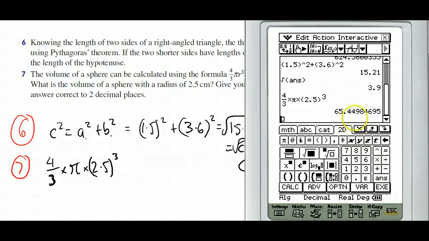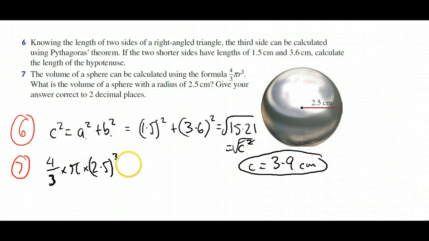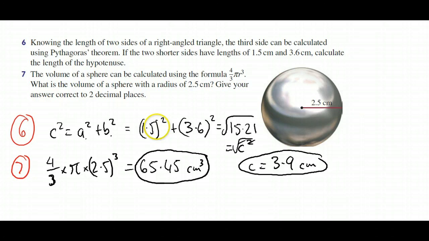And we get 65.45, and that's going to be centimeters cubed. Because the radius was 2.5 centimeters and it got cubed, the units had to get cubed as well, so it becomes centimeters cubed.